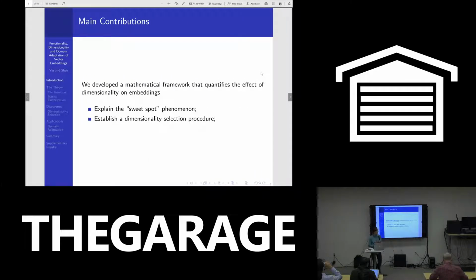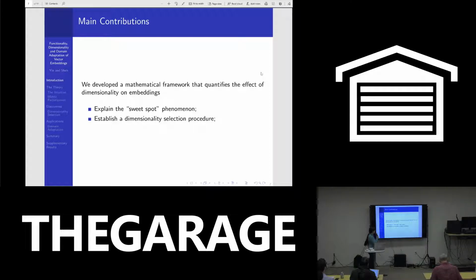So here are the main contributions of our talk. In this paper, we develop a mathematical framework that quantifies the effect of dimensionality on embeddings. We first aim to explain the sweet spot phenomenon from a theoretical point of view, instead of just attributing it to underfitting and overfitting.